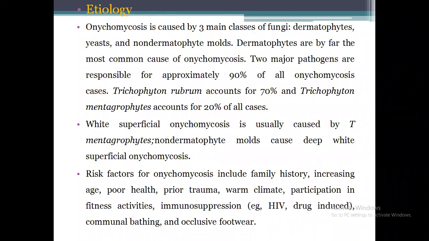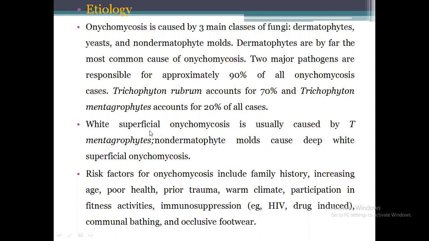Okay, coming to etiology, there are three main classes of fungi which are the causative organisms: dermatophytes, yeast, and non-dermatophyte molds. Among dermatophytes, 90% of the cases of onychomycosis are caused by organisms, and Trichophyton rubrum accounts for about 70% of the cases, followed by Trichophyton mentagrophytes, which accounts for 20% of the cases.